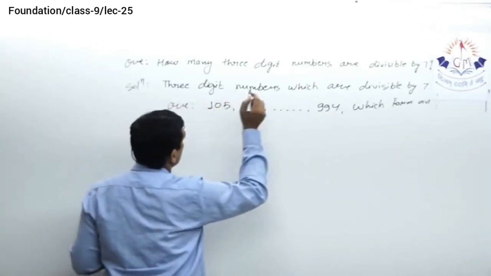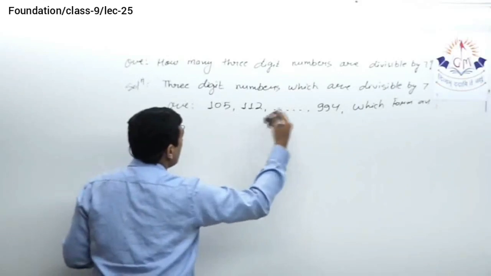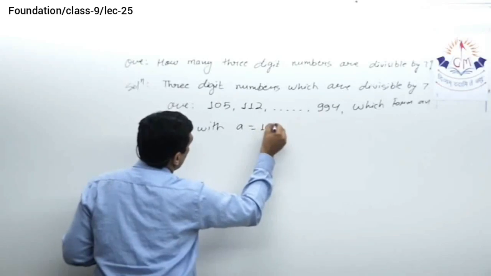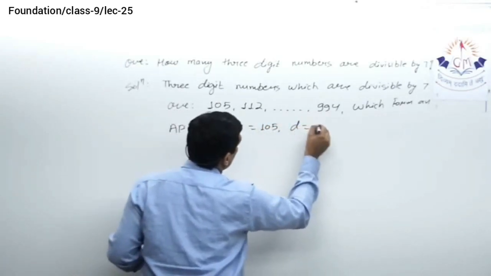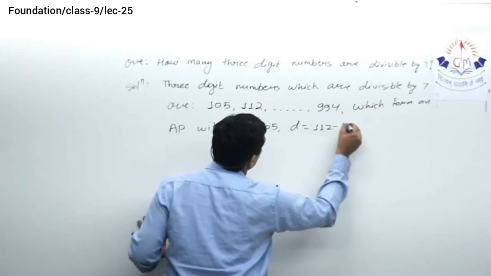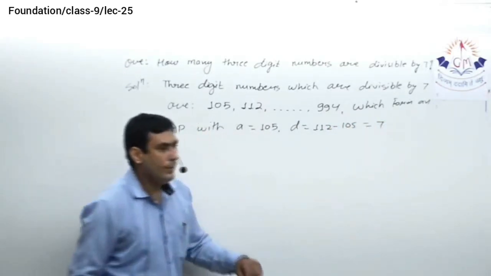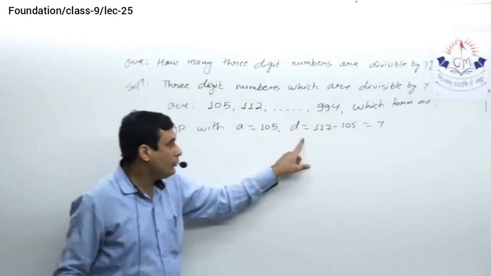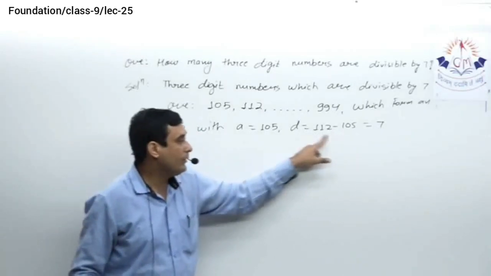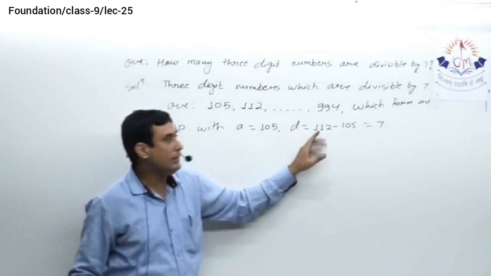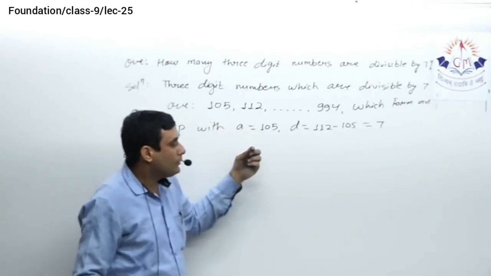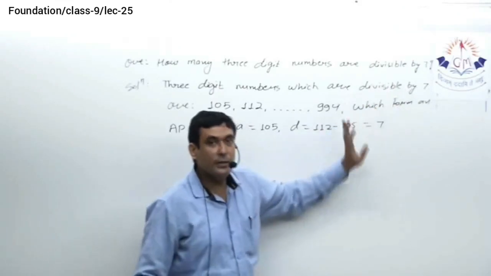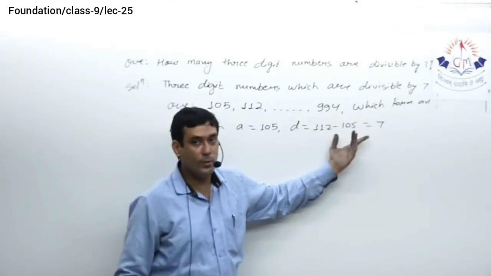So the 3-digit numbers which are divisible by 7 form an AP with a equal to 105, d equal to 112 minus 105, that is 7. Many of you may think that d is direct because it is divisible by 7, but still practice to find d in this way, that is, subtract the first term from the second term, because sometimes they ask a tricky question in which d won't be 7, it will be double of that, 14.